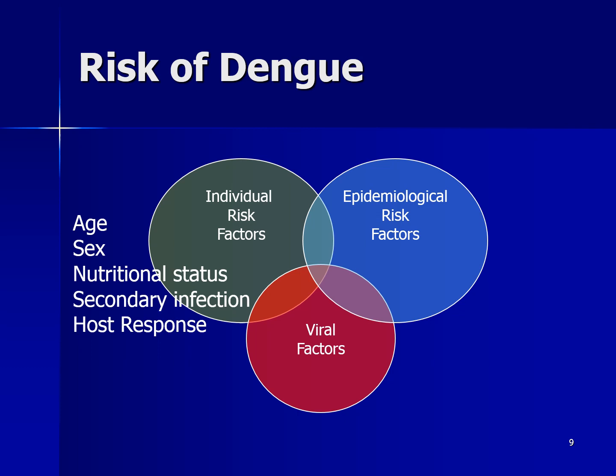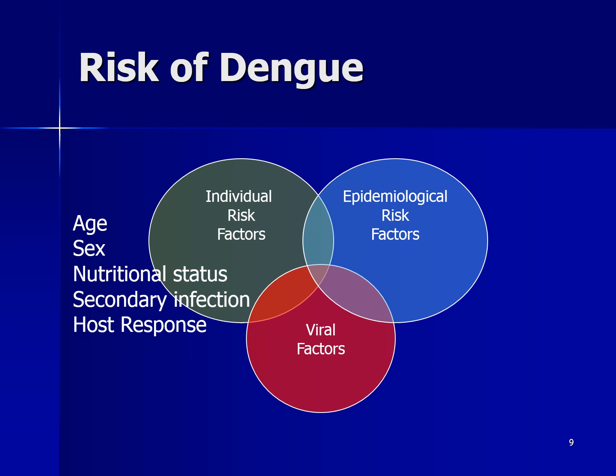Secondary infection, as we have discussed earlier: if a person has got infection from one of the serotypes of dengue virus, and then gets a second infection from the same serotype, he or she won't get the disease because the antibodies are there to protect against that serotype.